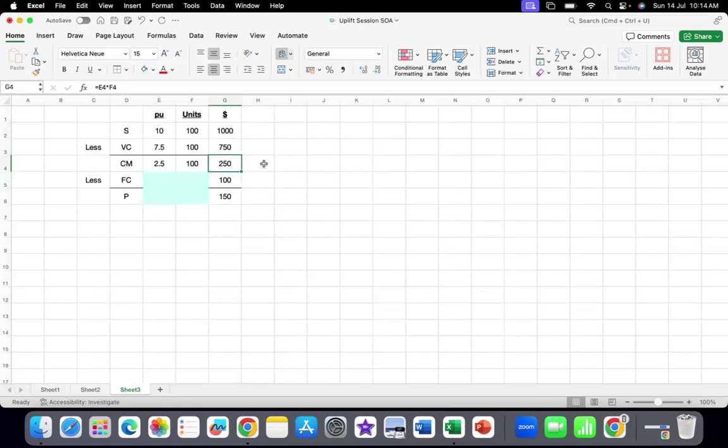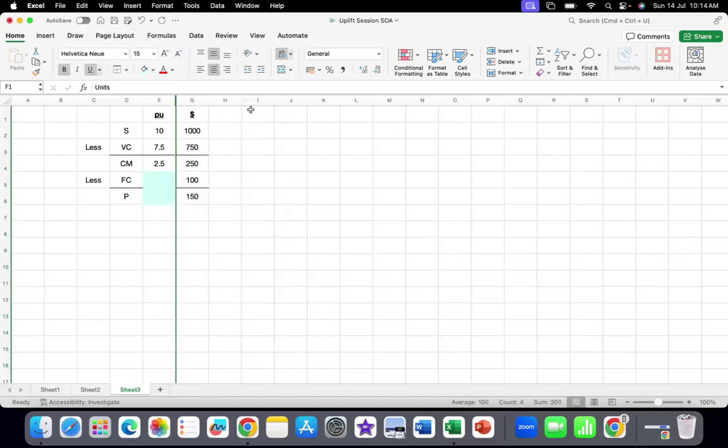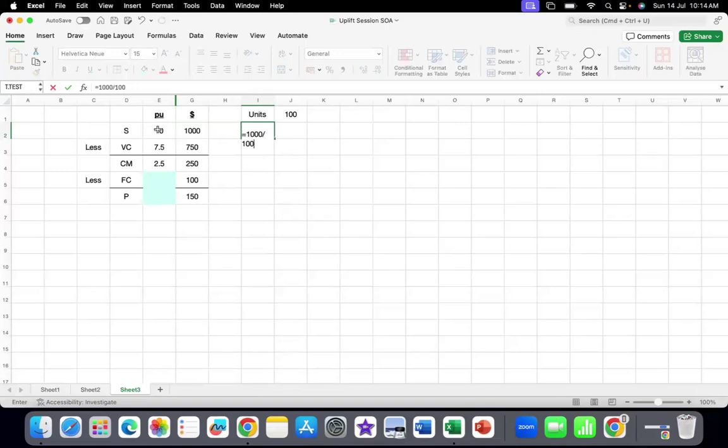So for example, if this is not given to you, and units are given to you as 100 somewhere in the question, how do you calculate the per unit now? How would this 10 have come? It would have been 1000 divided by the 100 units, right?